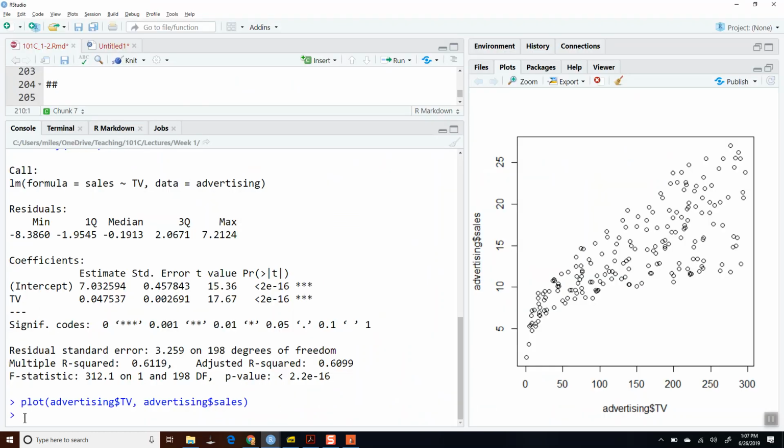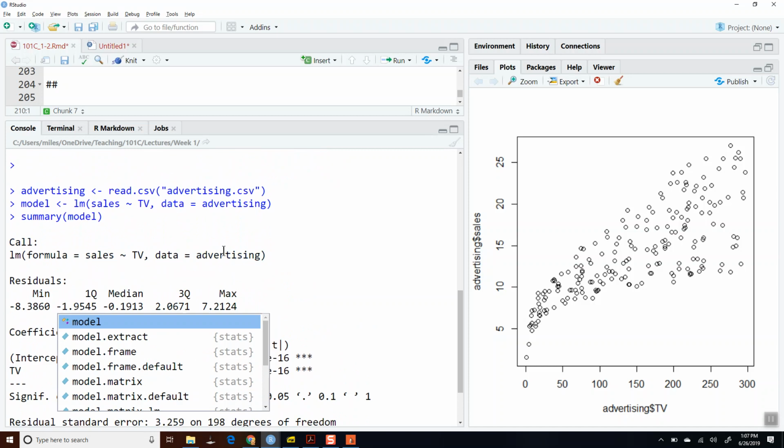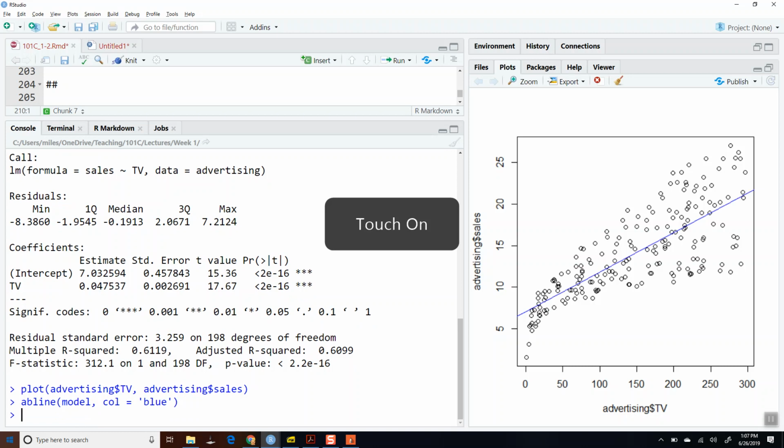So if I do abline, what did I call it? I called it model. Okay, so abline model, and we'll do color equals red. Maybe I'll do blue.